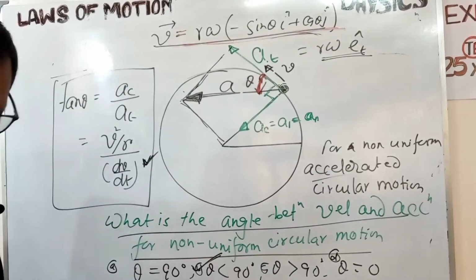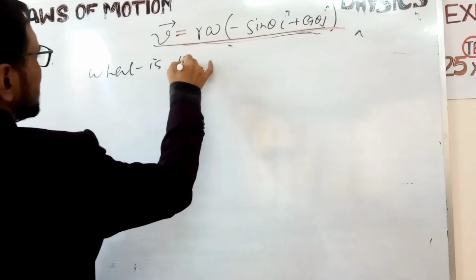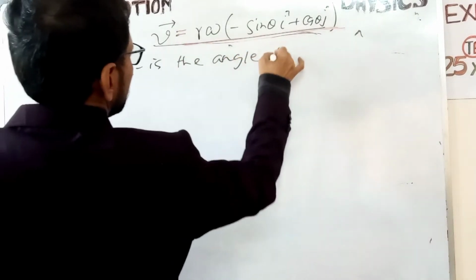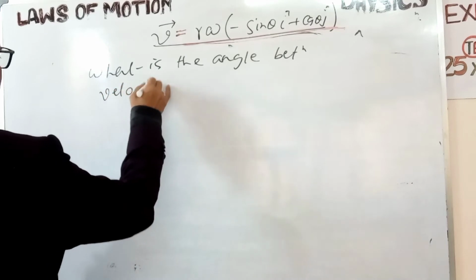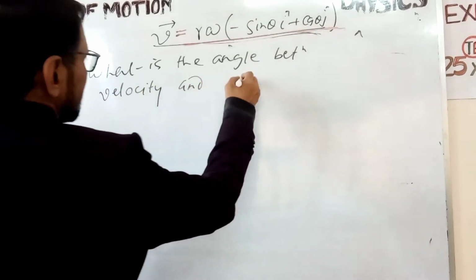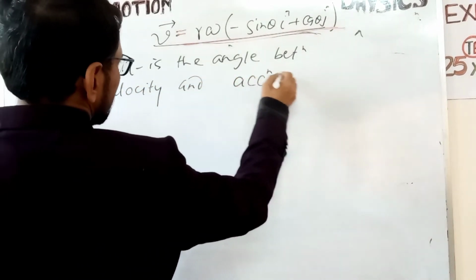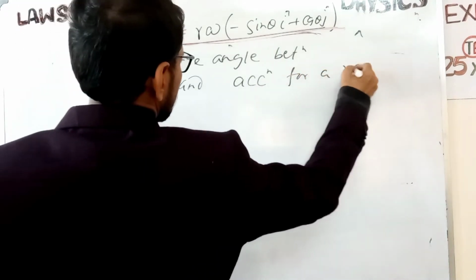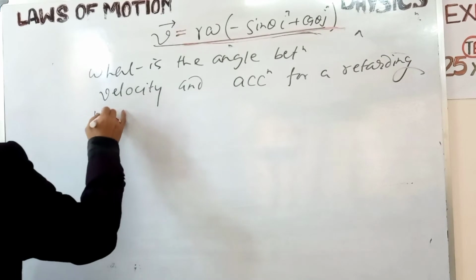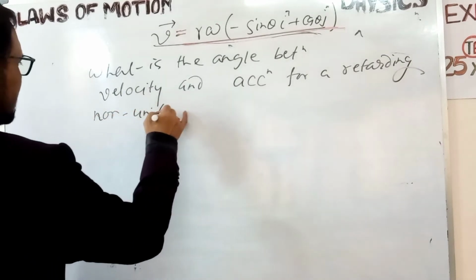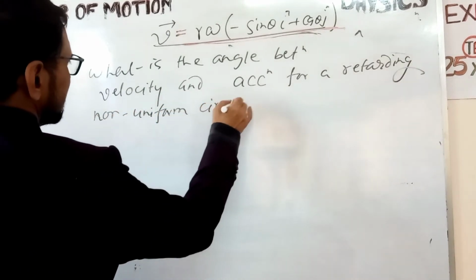Now what is the angle between velocity and acceleration for a retarding non-uniform circular motion?